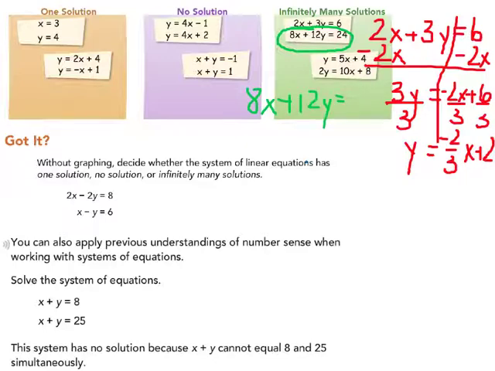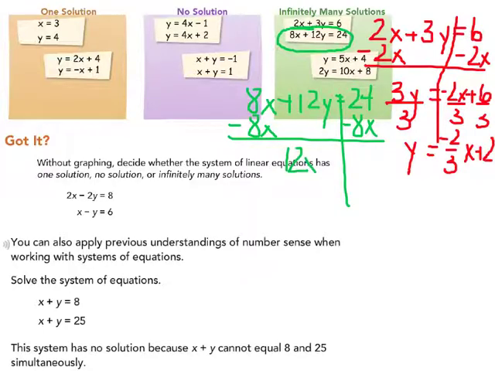And so I'm going to get the x on the other side of the equation by subtracting 8x from each side. When I do that, I'm left with 12y equals negative 8x plus 24. And then I'm going to divide everything I see by 12.